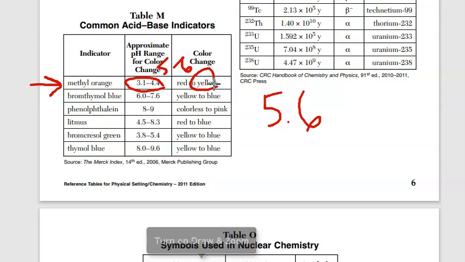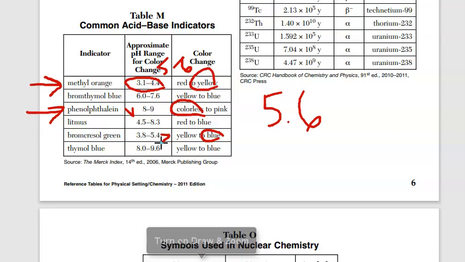Let's go through the others. Phenolphthalein with a pH of 5.6, that's obviously less than 8. The solution would be colorless, but the choice said pink. That's wrong. Bromocresol green at 5.6 should be a blue color because that's higher than 5.4. So that's not our answer.